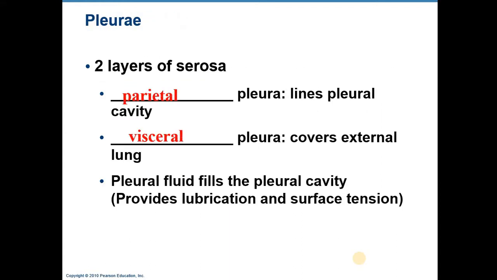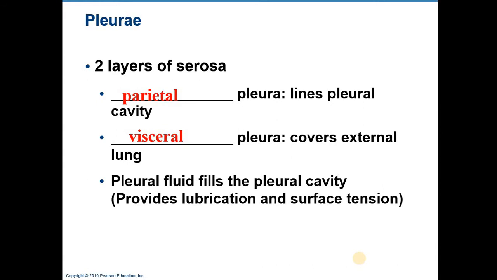2 layers of serosa, the parietal and visceral. Parietal lines the pleural cavity. Visceral covers the actual lungs. Between them, you have the pleural fluid in the cavity, which is the small space. This allows for lubrication and surface tension. It allows for a little room, because remember, when you're breathing, your lungs are expanding and then going back down.